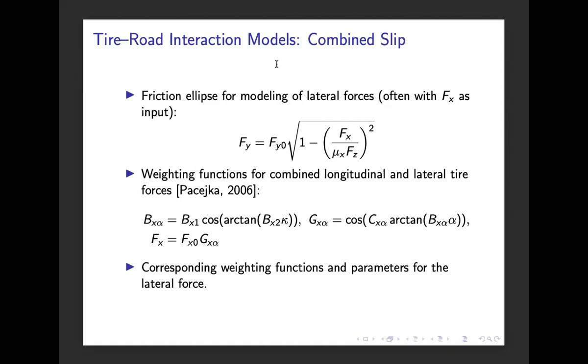And then we use a so-called weighting function that is defined by this expression here, which in turn is dependent on this description here. So it's in the same spirit of the magic formula that we have a combination of trigonometric functions that can describe the relation between the longitudinal and lateral force. And then we can have a corresponding weighting of the lateral force Fy here.